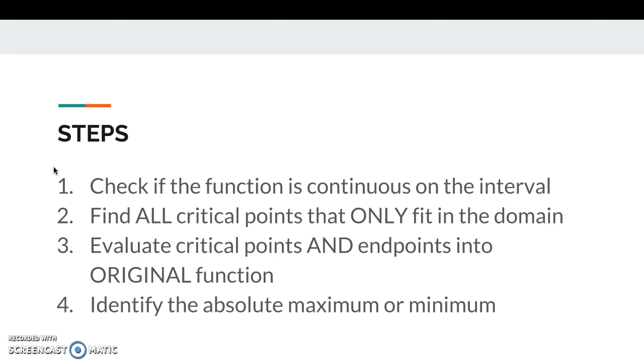It doesn't make sense to plug it in because it's not in the function. Your third step is to evaluate the critical points and the endpoints in the original function. Again, do not plug it into the derivative, you plug it into the original function. And your last step is just to identify which value gives you the biggest and the smallest, meaning identify the absolute maximum or the minimum.